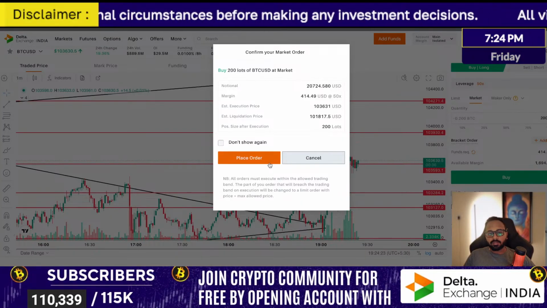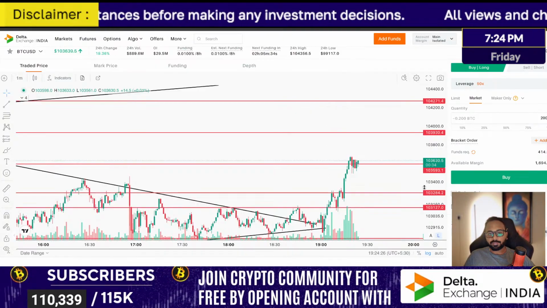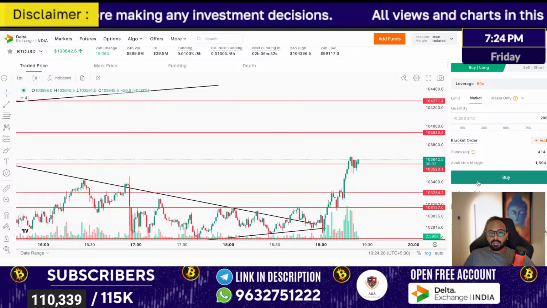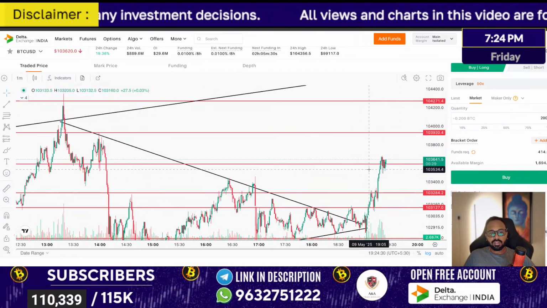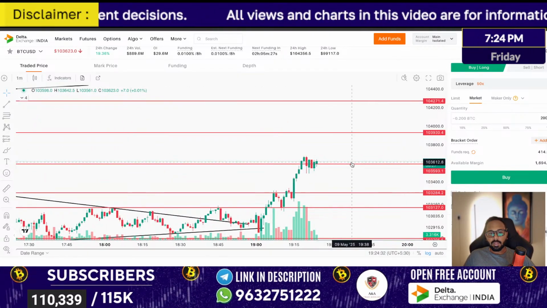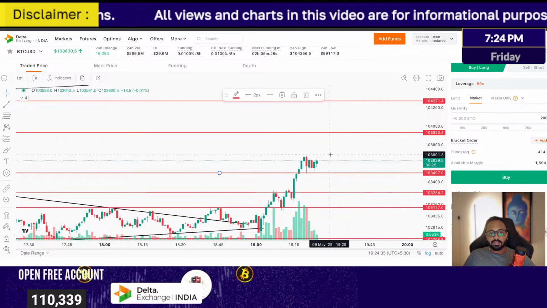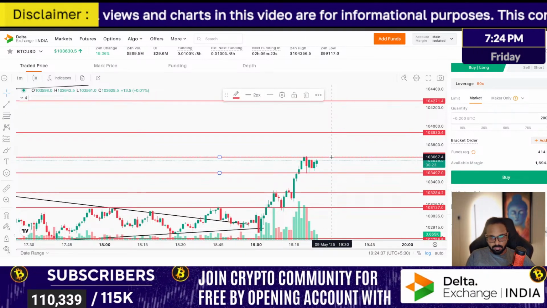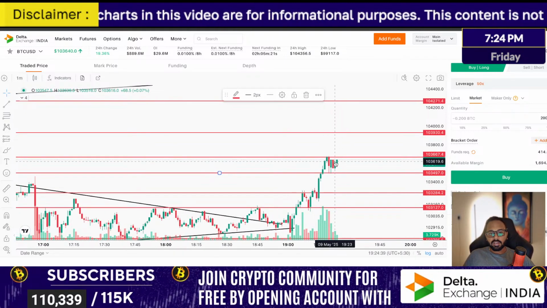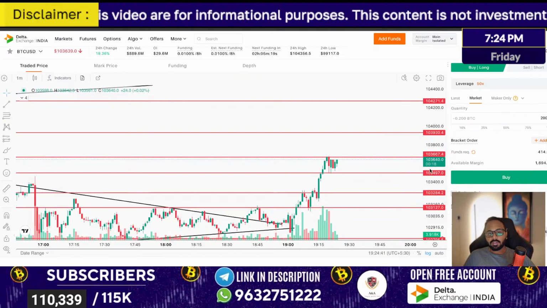Let me see if I get an order trigger here. It's holding on to this range. It's in a consolidation range. We'll wait.